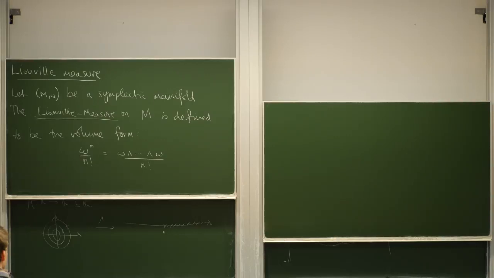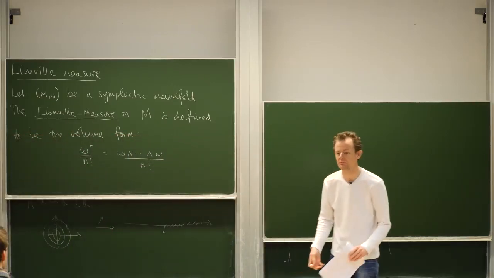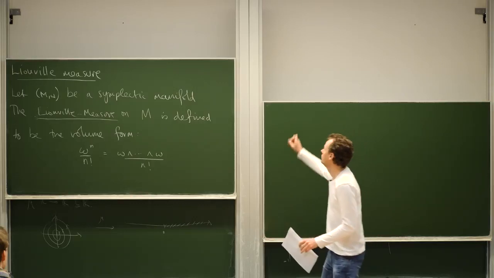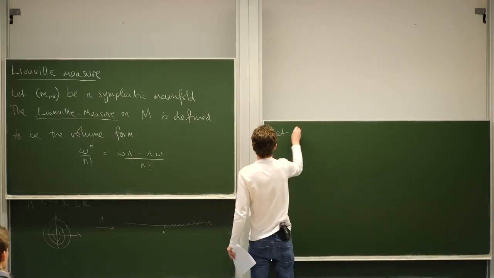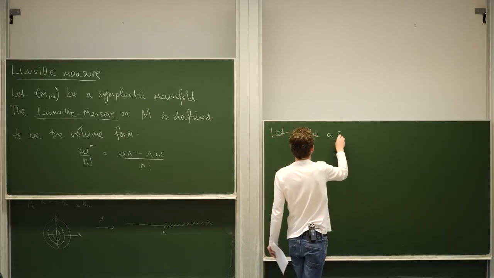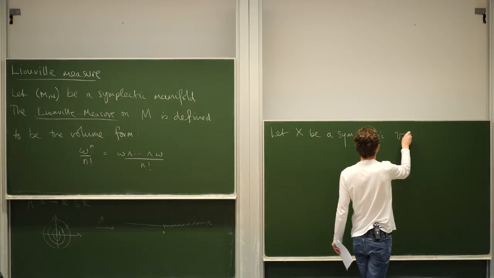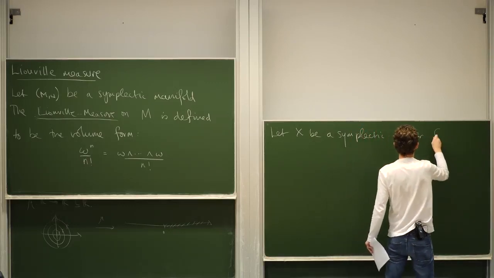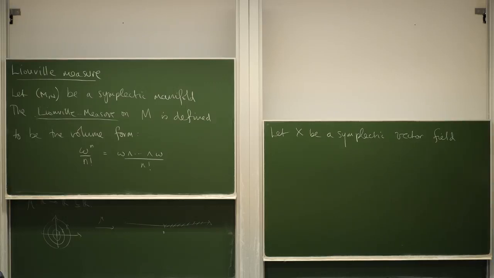What happens as a vector field operates on a manifold? Well, it moves things around. So let X be a symplectic vector field.